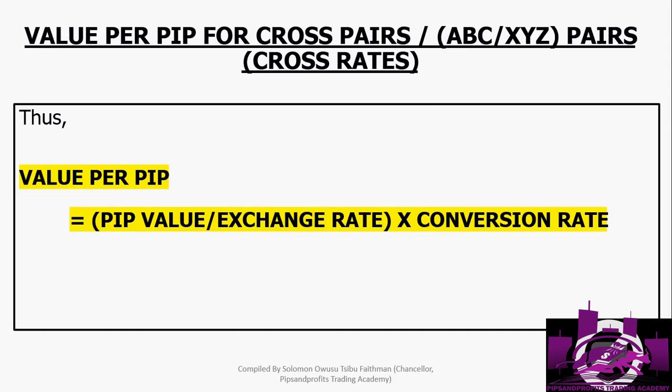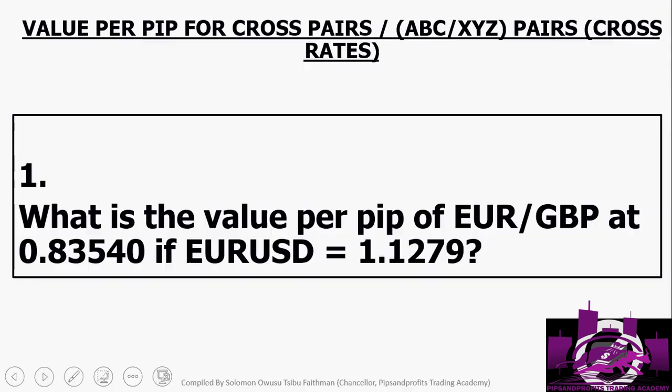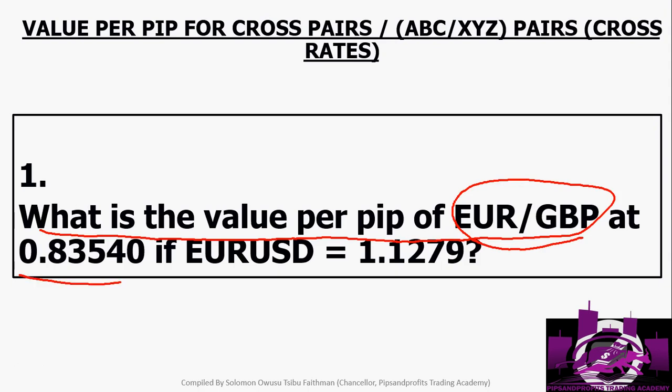Now let's take an example. What is the value per pip of Euro GBP at this level if Euro USD is this?